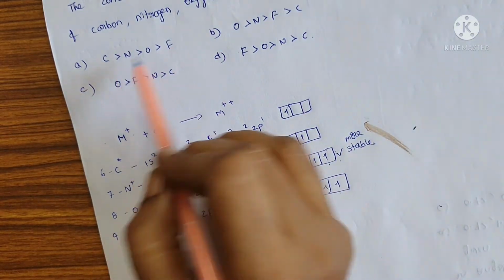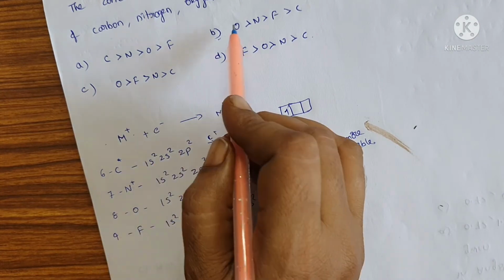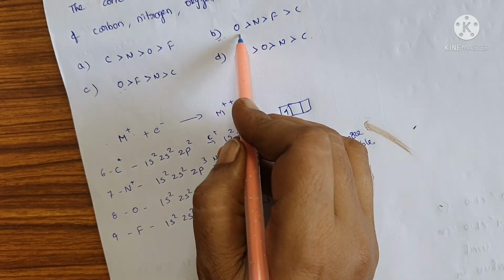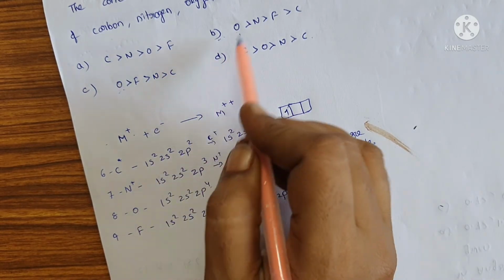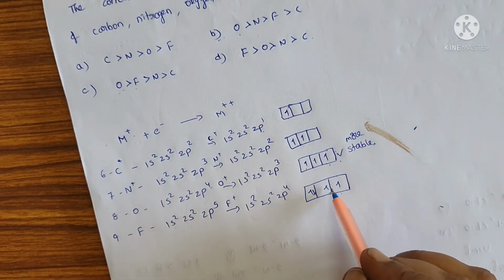So here there are two options. Option B and option C have the higher second ionization potential, fluorine or nitrogen. We will go through that.